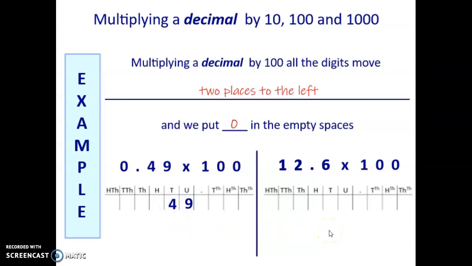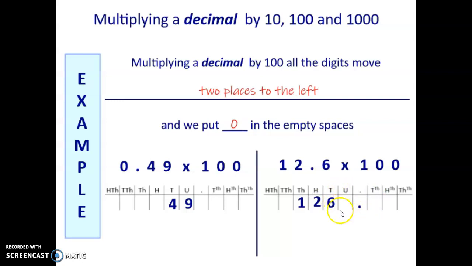Let's look at the second example. 12.6 times 100. I first put the 12.6 under the correct columns on the place value chart. I then move each digit 2 places to the left. The 1 goes to the thousands column, the 2 moves to the hundreds column, and the 6 jumps to the tens column.